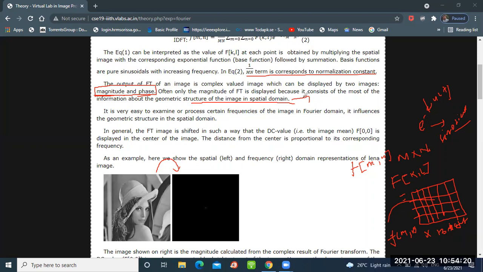So whatever information is there in the spatial domain, the magnitude spectrum will have most of it. Fine. Now it is very easy to examine the process. Okay.